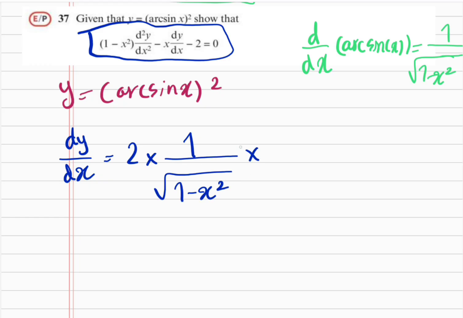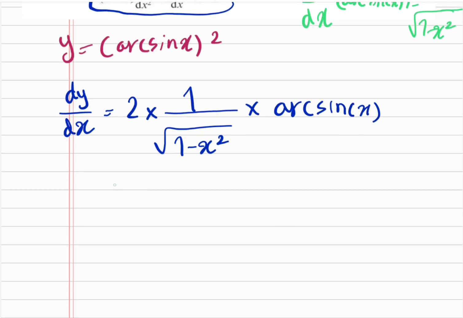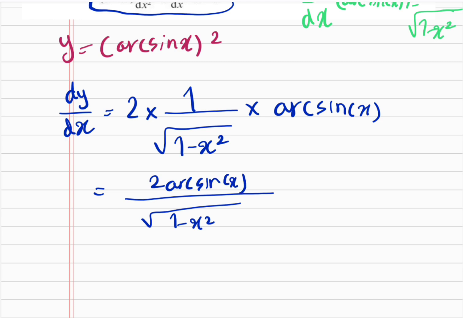And then this times the bracket, but with the power minus 1, so it's just going to be times arc sine x. We can simplify this slightly. So it's going to be the square root of 1 minus x squared on the denominator, and on the numerator, we have 2 times arc sine x. Okay, so this is the first derivative in this question.